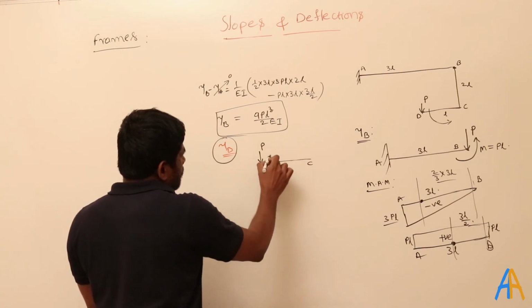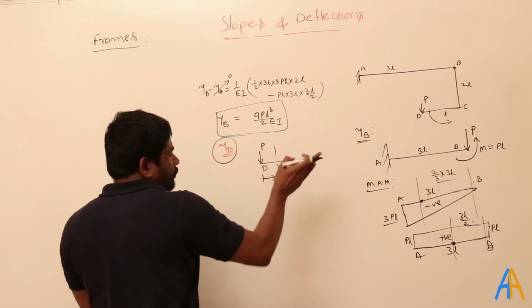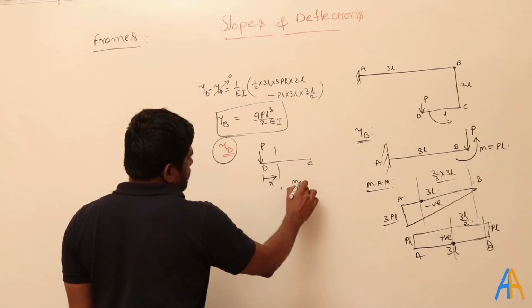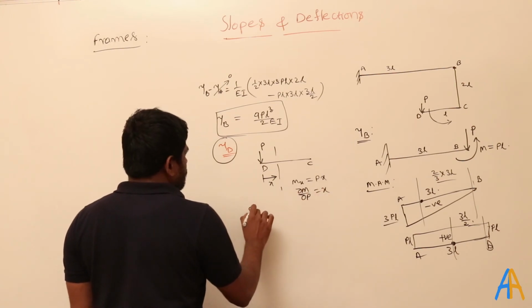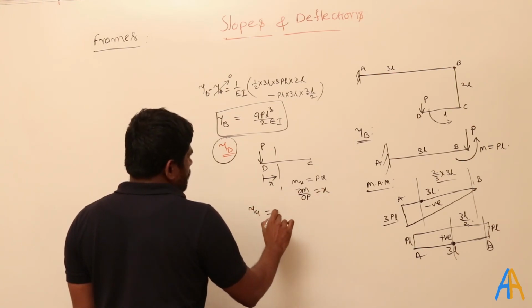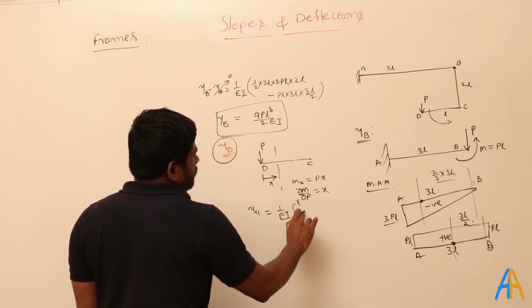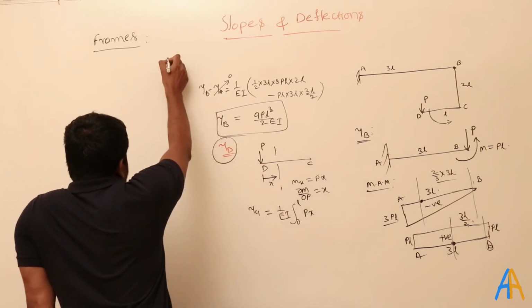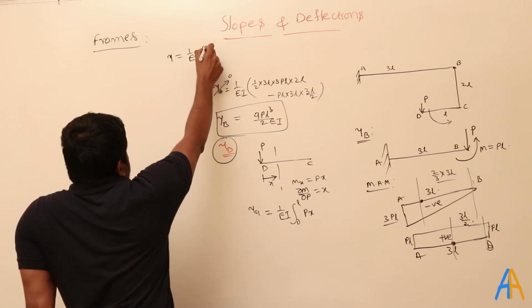P is acting here and you take x from here. You don't need to consider Cy because we are going from D. At any distance x, Mx is P into x, and dM by dP is x. So yC equals 1 by EI integral 0 to L of Px. The formula I am not writing again and again, otherwise I will write here: y equals 1 by EI integral 0 to x.